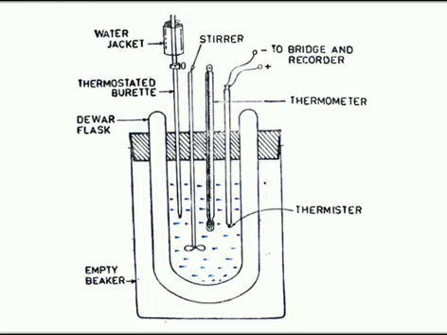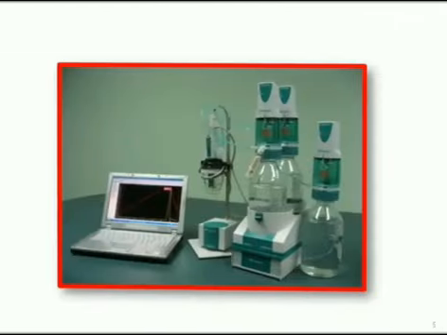And so this is the schematic representation of thermometric titration. Here we have the actual instrumentation setup of thermometric titration, and the major parts can be seen. In addition, for recording and plotting of the graph, we have the computer.